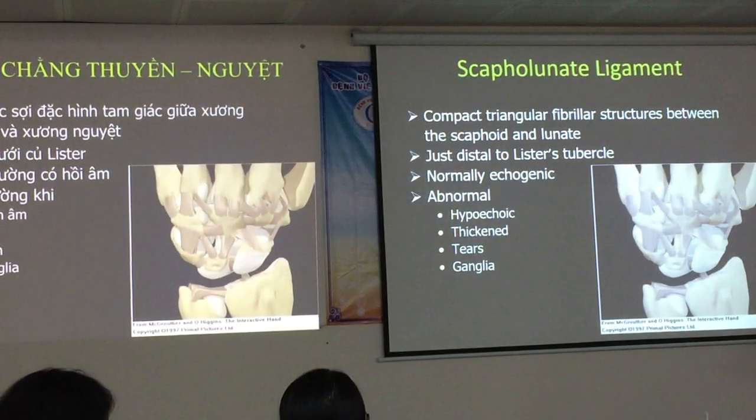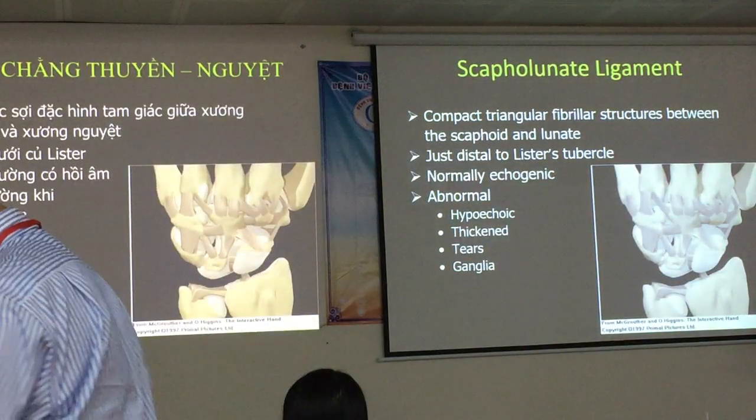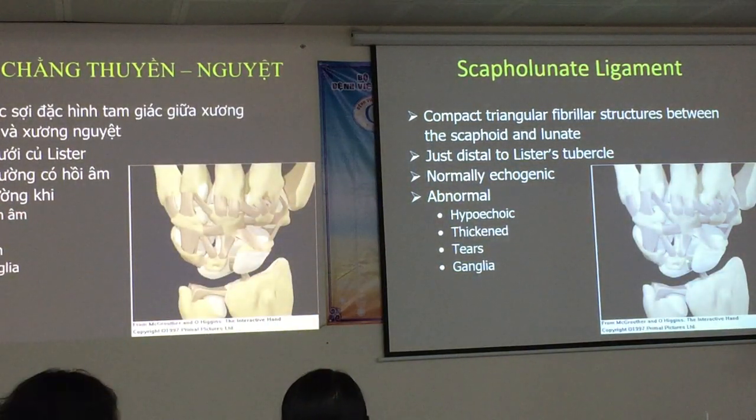Another important ligament to assess is the scapholunate ligament. And it is located just distal to Lister's tubercle, so just distal to that little bony bump just here. So as we move distally, the first thing that we come across is this little ligament.